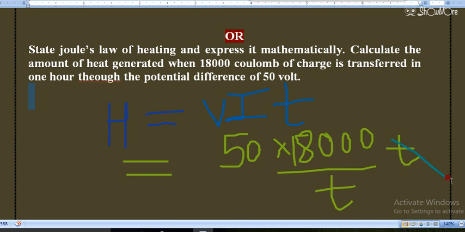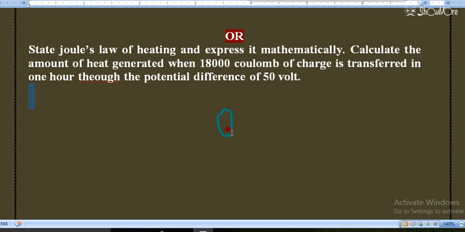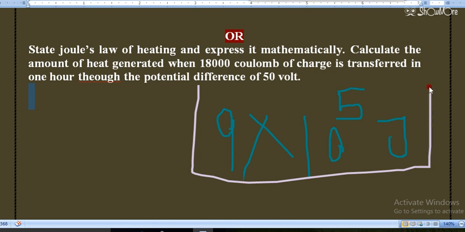In the calculation, 18 into 5 is 90, so 90 into 10 raised to the power 4, which is 9 into 10 raised to the power 5 joule. This is the amount of heat generated. I hope it is clear.